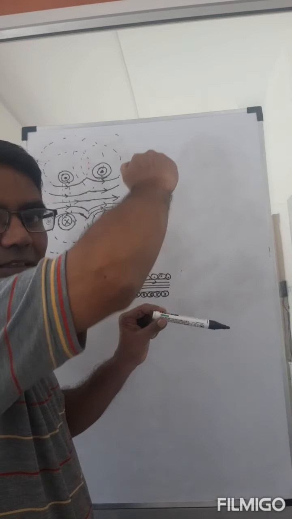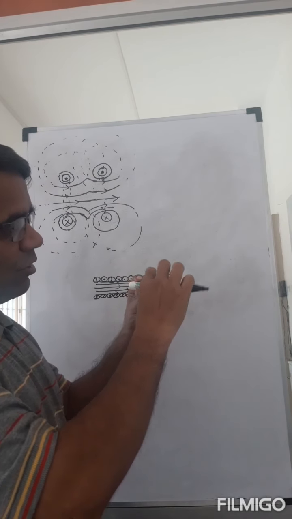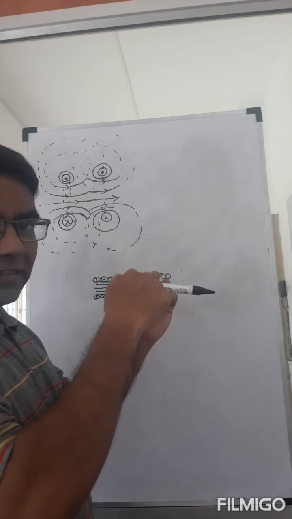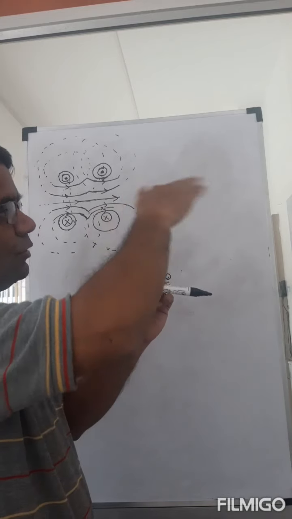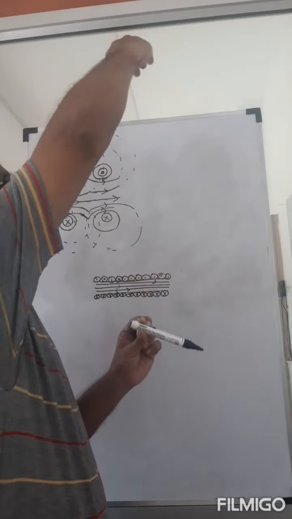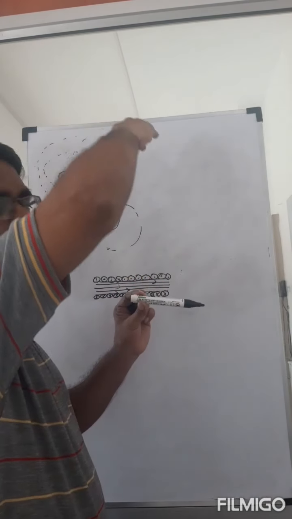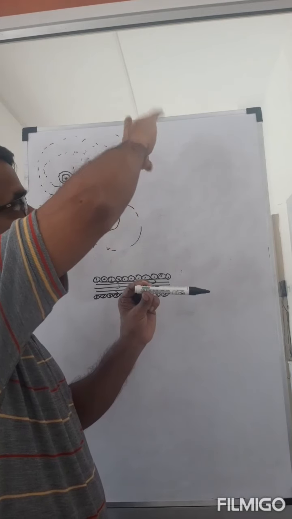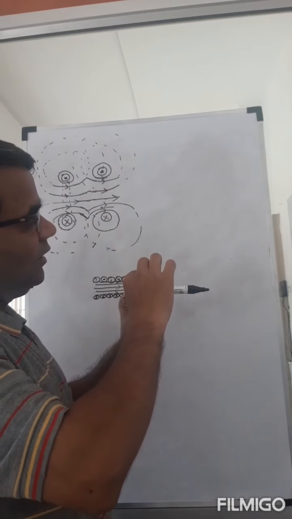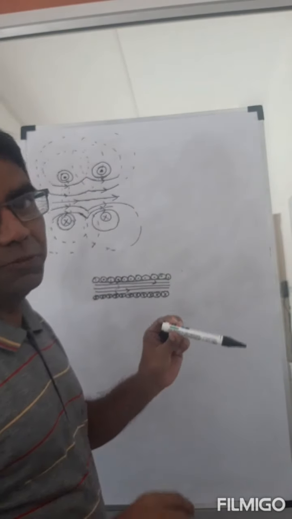That you can see clearly, because the current on the top is in this direction, the current at the bottom is in that direction. So the field at this point will be trying to cancel each other out. And the farther you go, the moment this distance becomes negligible compared to the distance at which you are trying to find B, then you can expect the field to be close to zero.